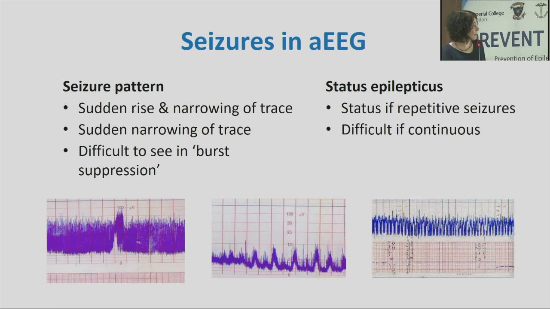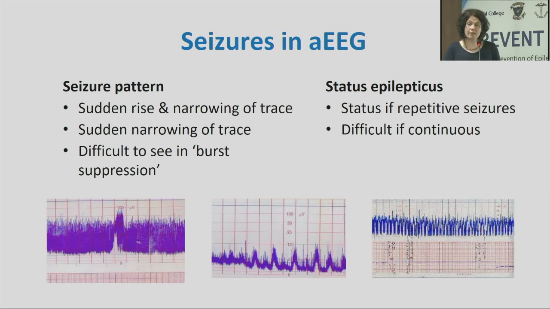A seizure is diagnosed by a sudden rise of the aEEG band and a narrowing of the trace. So here it comes up, but it also becomes more narrow. Or sometimes you only see a sudden narrowing of the band, like here. It just becomes narrower. So there's no peak going up, like here. It just, inside you see a little margin.